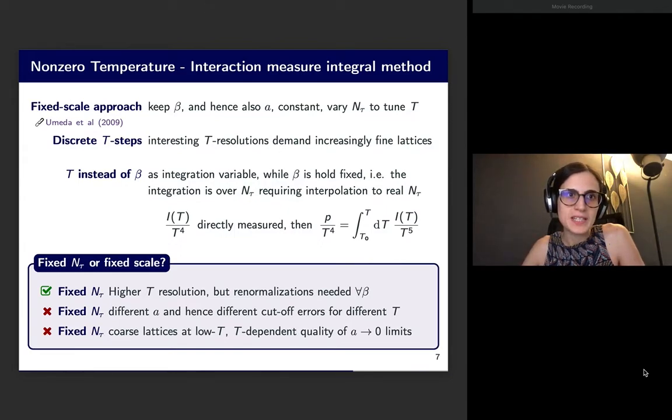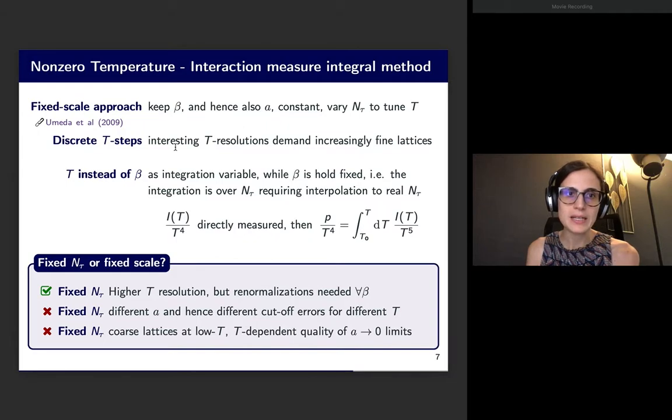So far we have seen how the interaction measure integral method works in a fixed n-tau approach. But as I mentioned from the beginning, there is an alternative, and this is called the fixed scale approach that has also been used in the literature. This approach consists in keeping the coupling and therefore also the lattice spacing constant while varying the temporal lattice extent in order to tune the temperature through that.